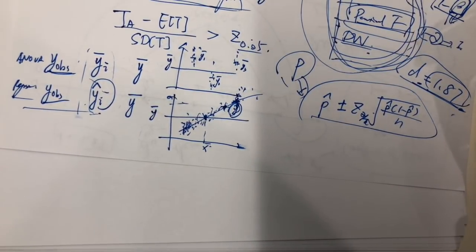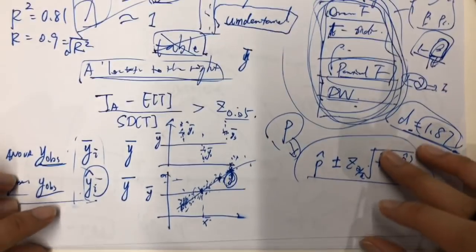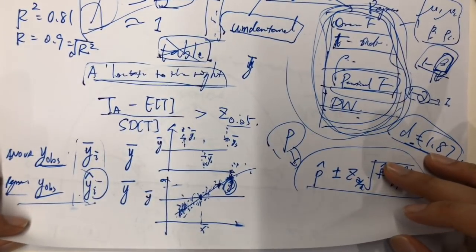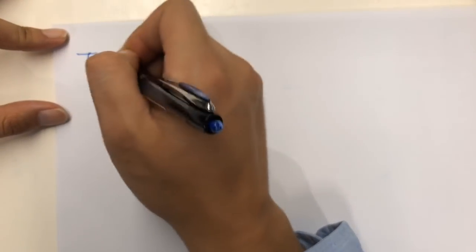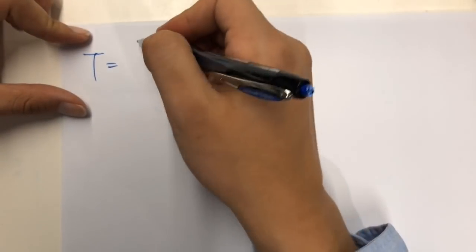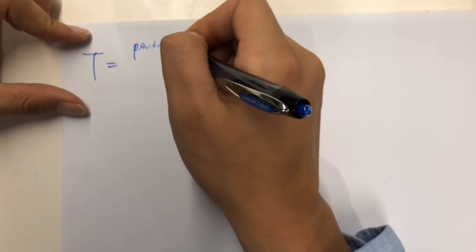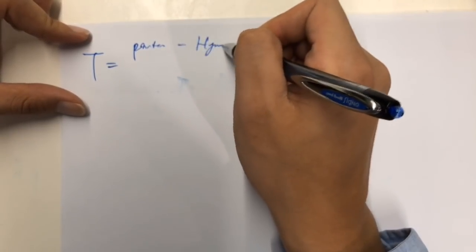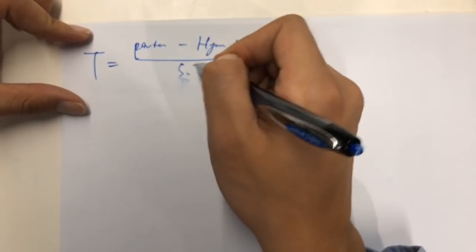Can you talk about the beta formula, the hypothesis testing for regression coefficient? All the test statistics are calculated by the point estimator minus your hypothesized value divided by the standard error, right?